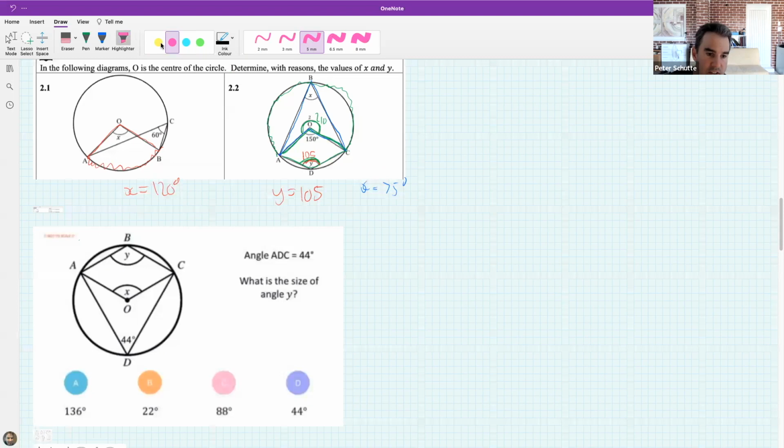The question says, what is the size of angle Y? Now, ADC is 44. So I know that this one, ADC, is 44. But what is the question asking us?